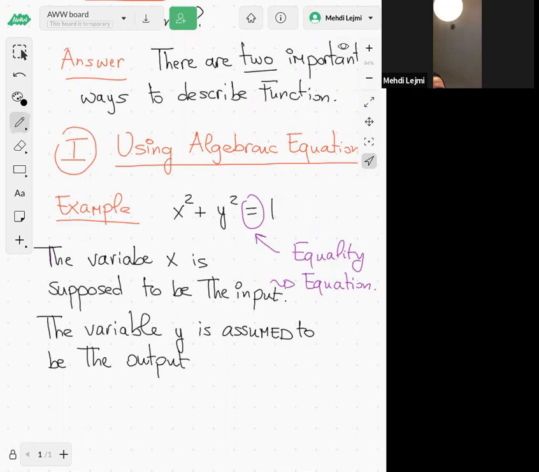This is our correspondence between the input x and the output y.